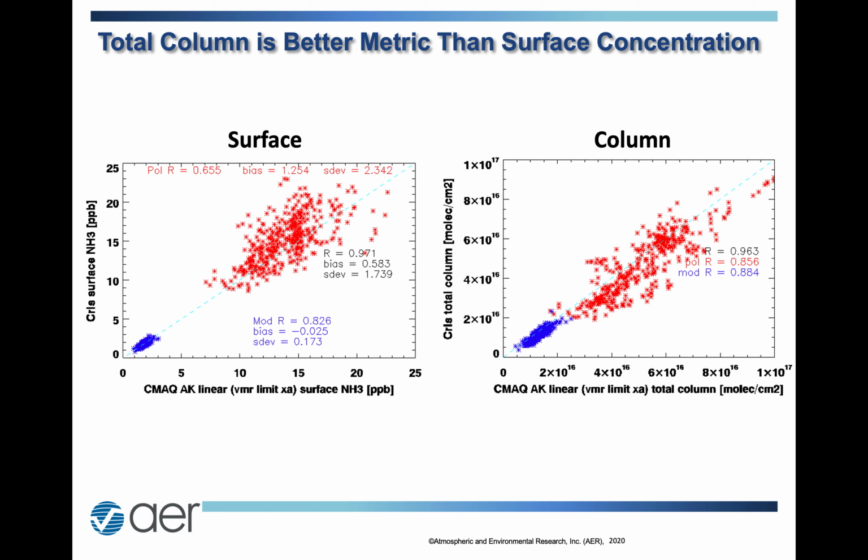Some closure studies that were done within AER found that the total column is a better metric than the surface concentration. In the plots I showed previously, the inversion used surface concentration.